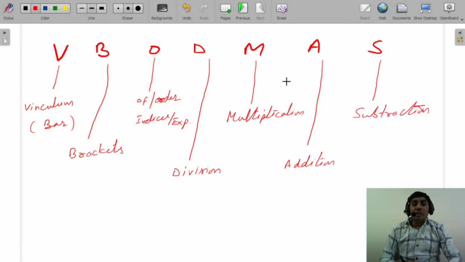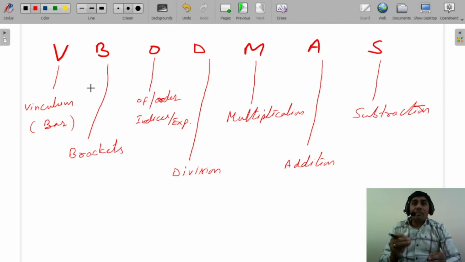What is the difference between BODMAS and VBODMAS? There is a small difference. In VBODMAS, we have to use the word V, vinculum, that means the expression in which a bar appears. In this case, first we have to solve the bar, and after that we use the trick BODMAS.